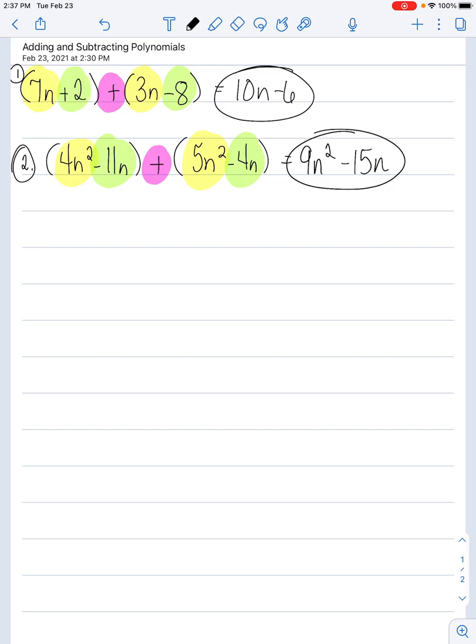And I do want to tell you another term. Once you have these in order, see I have n squared, then n, the number up front is called your leading coefficient. That's going to be important as we get further into this. So my leading coefficient here is 9, and you keep the sign, it's positive 9.